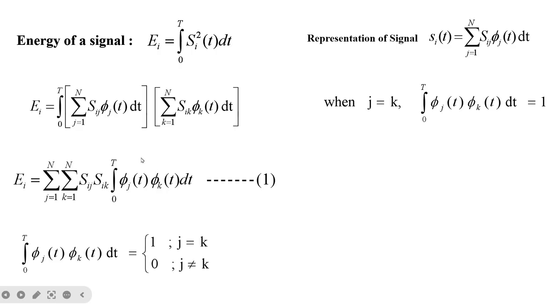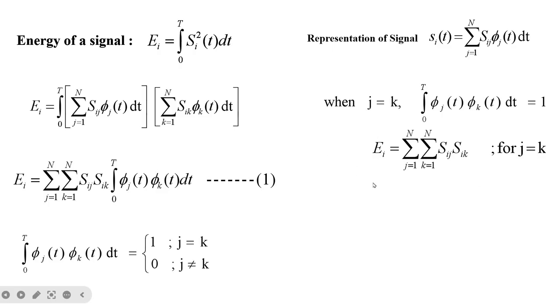So we'll substitute this in equation 1. Here this will become 1, because when j is equal to k, integration from 0 to capital T phi j of t into phi k of t dt will be 1. Substituting this in equation 1, we get Ei is equal to summation j is equal to 1 to N, summation k is equal to 1 to N Sij into Sik, and this term will become 1.